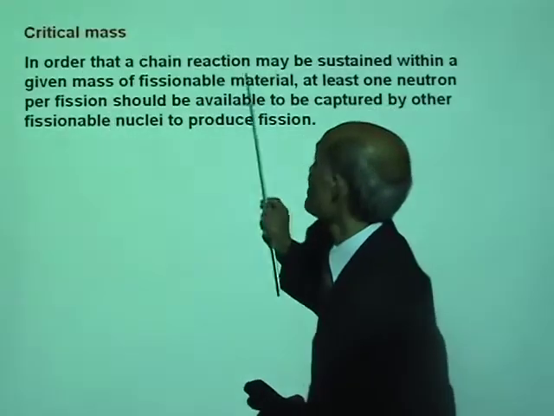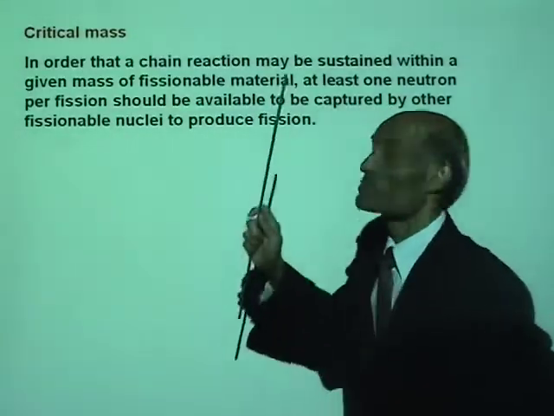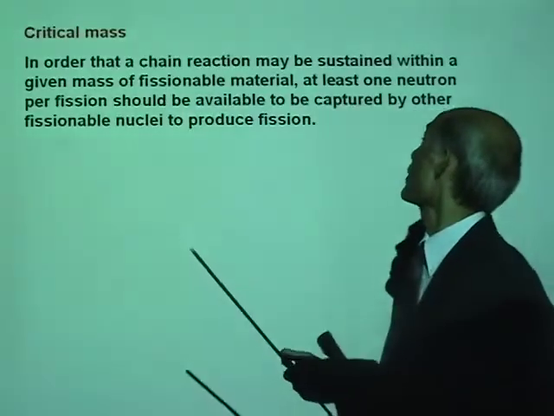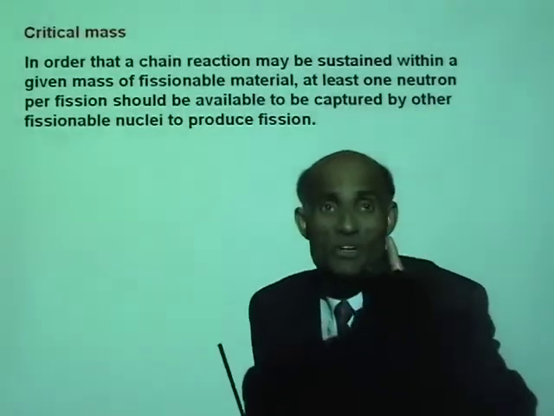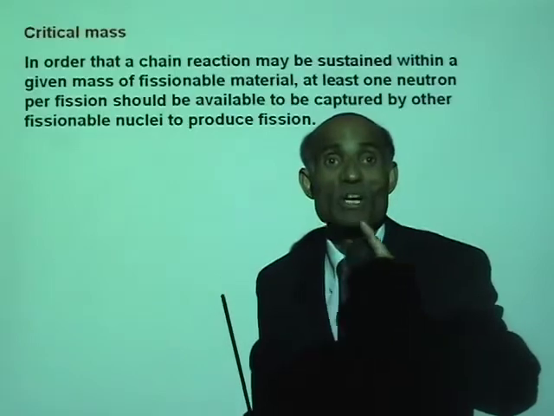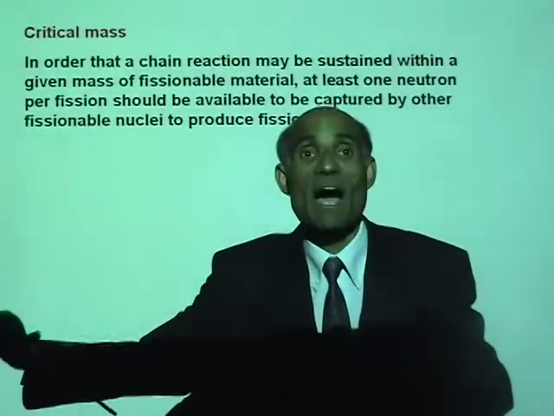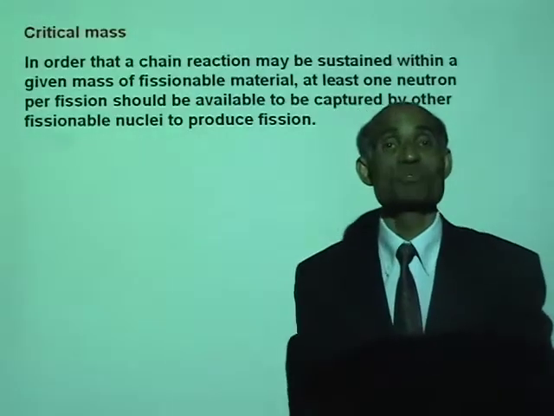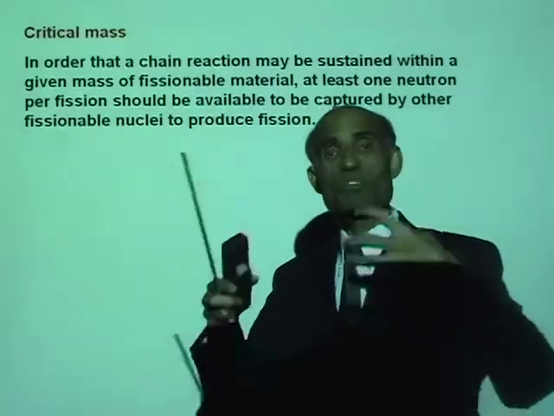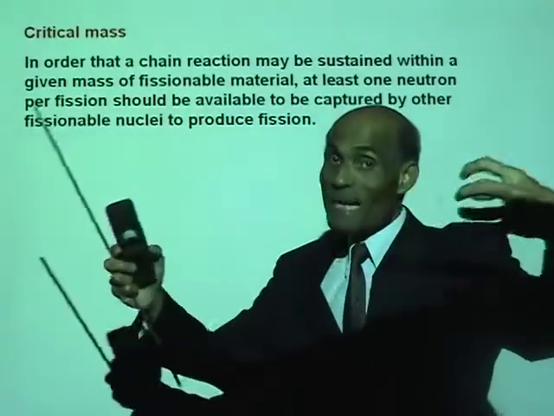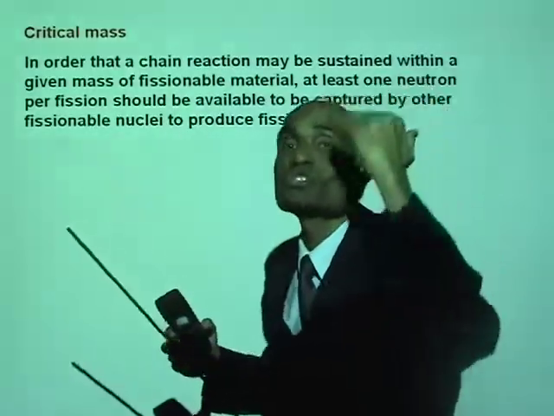In order that a chain reaction may be sustained within a given fissionable material, at least one neutron per fission should be available to be captured by other fissionable nuclei to produce fission. You see, some of these neutrons are going to escape, but if all of them escape, then the fission is going to stop.